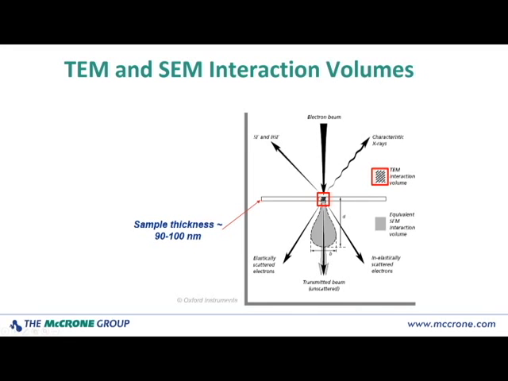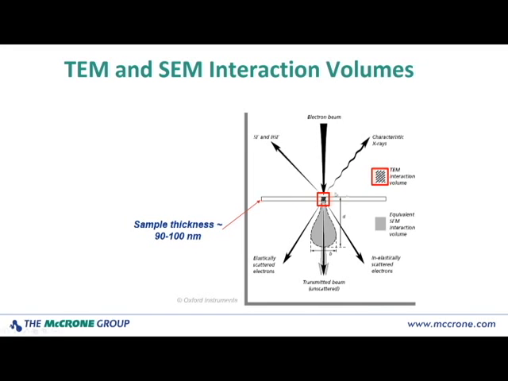Now, if you have a very thin sample, like a delamination flake on a filter, the electron beam is penetrating through that sample in the SEM. Most of the interaction volume, most of the volume from which your X-ray signals are coming, is actually the substrate and not the sample itself.